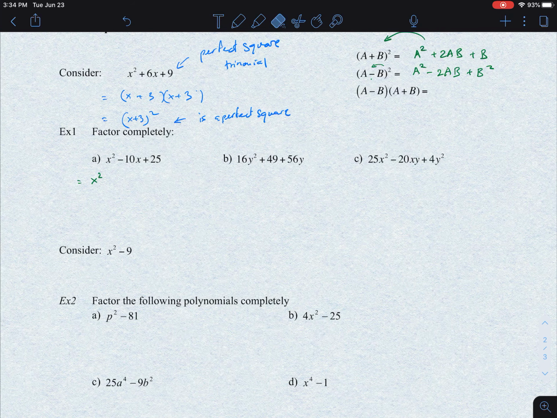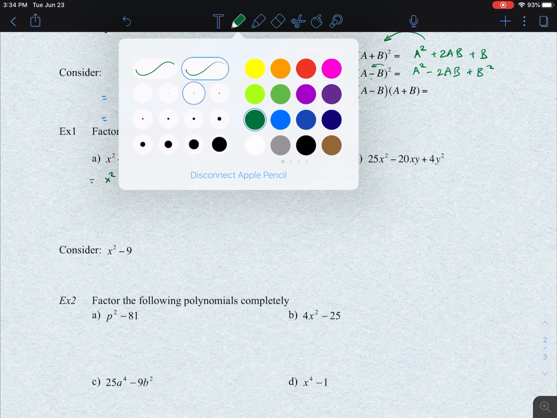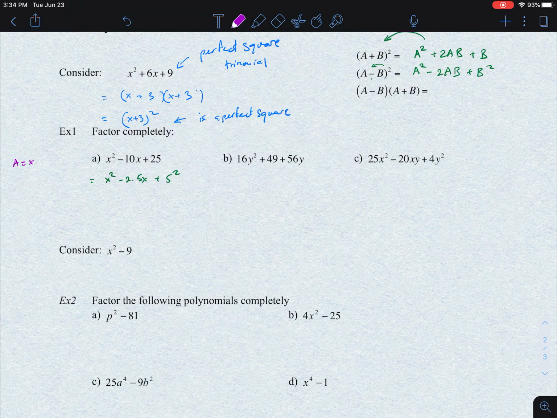So you can see on the first one here, our x squared minus 10x plus 25, we can say x squared minus 2 times ab. In this case a is x and b is 5, so we can say 2 times 5x plus 5 squared. So this trinomial fits the perfect square trinomial formula.